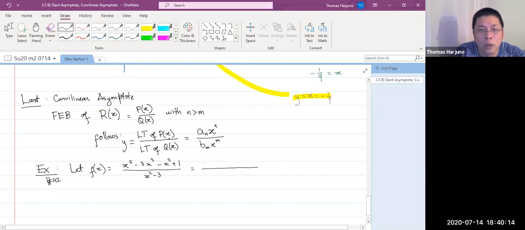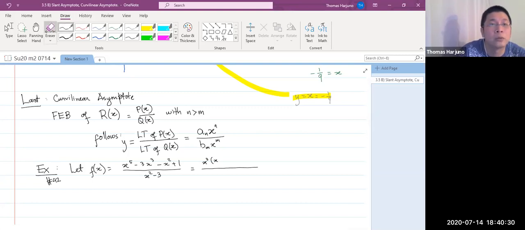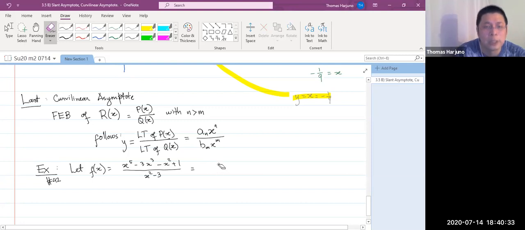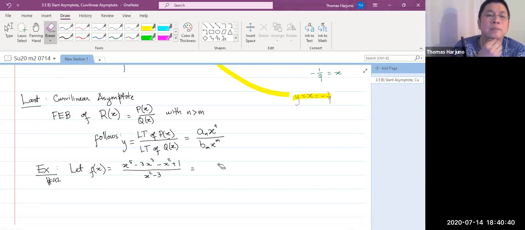The first two terms I can factor x cubed, so I get x. No, it's not factorable. Can we factor it in any way? There's no way for us to factor it.